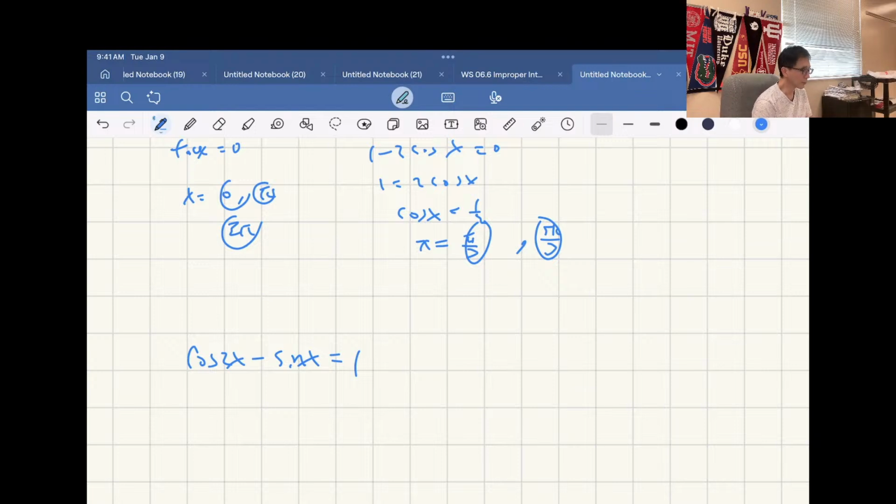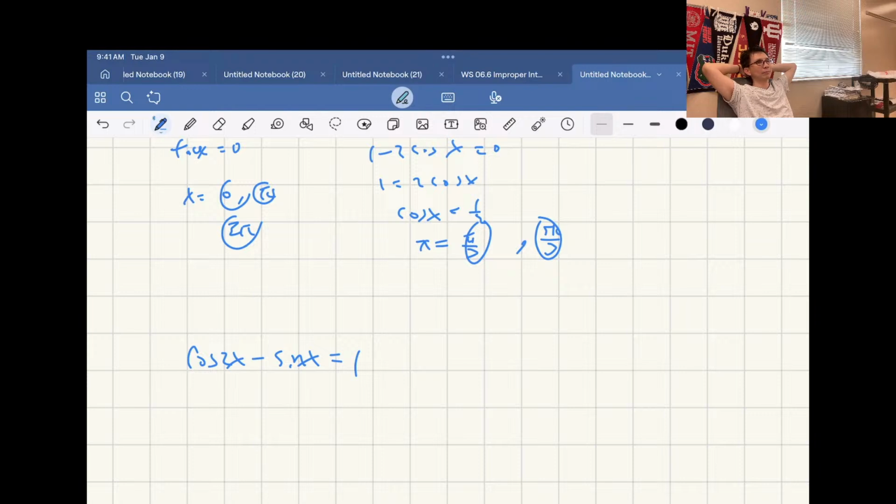Minus 1. Yeah, that's what I'm saying. The problem is cosine of 2x and sine of x are not the same type of trig functions, right? So Emily, what would you suggest?